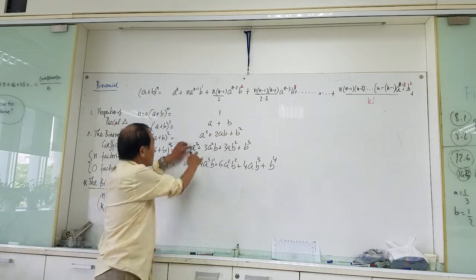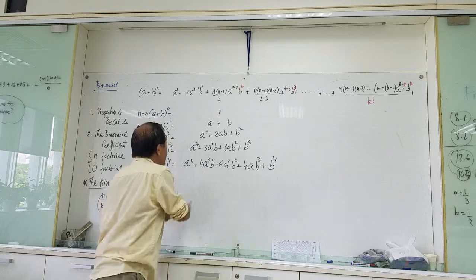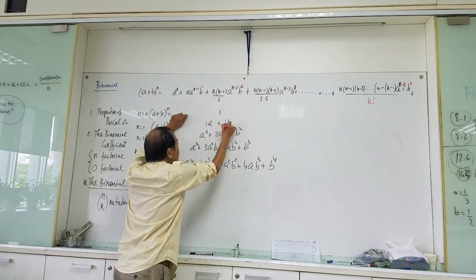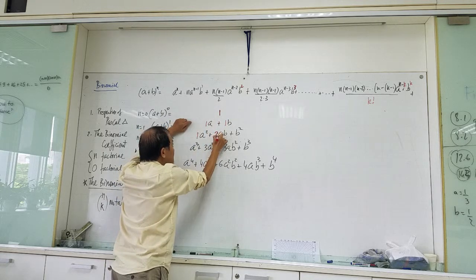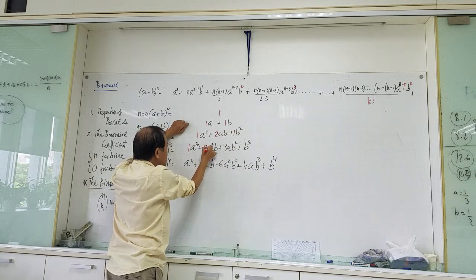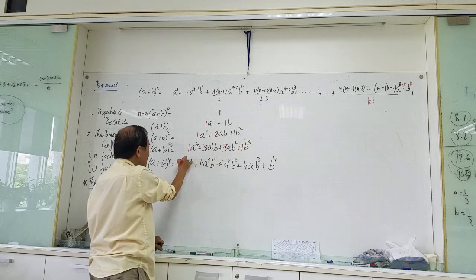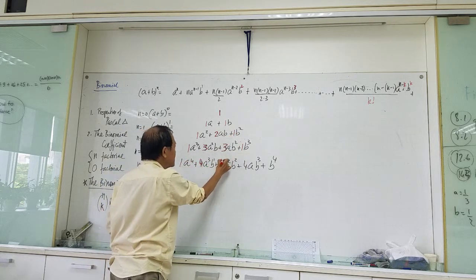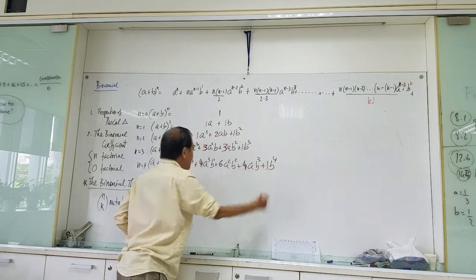Let me put the coefficients in red: 1, 1; then 1, 2, 1; then 1, 3, 3, 1; and 1, 4, 6, 4, 1.